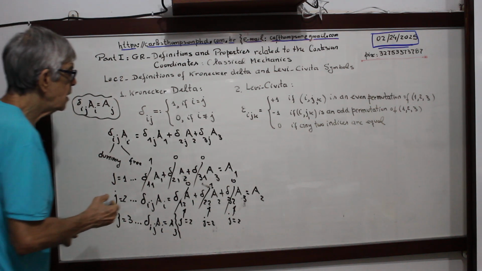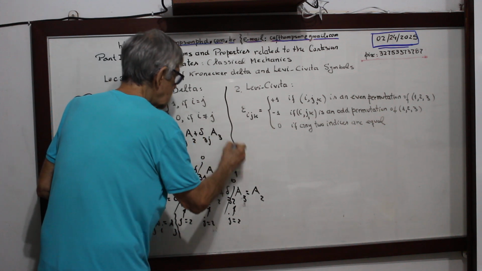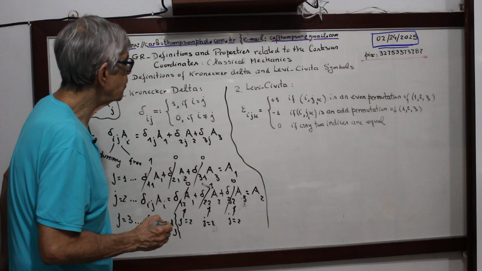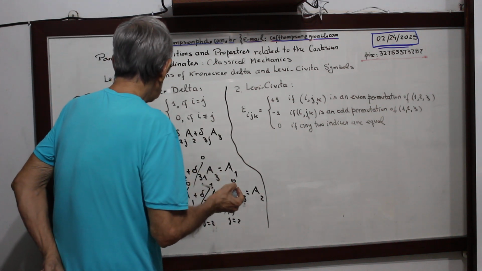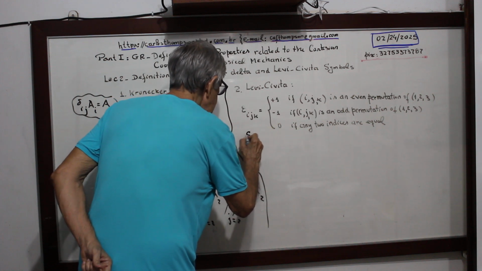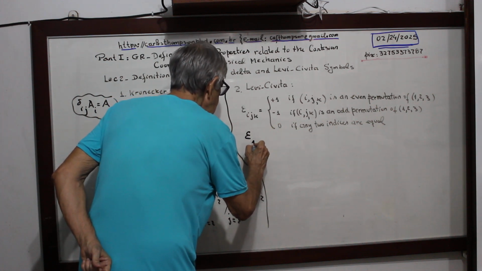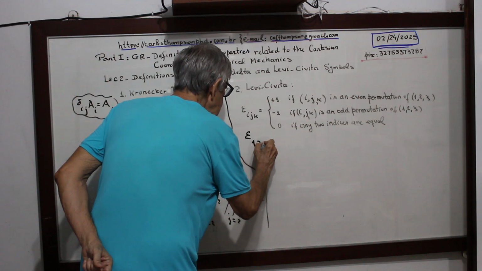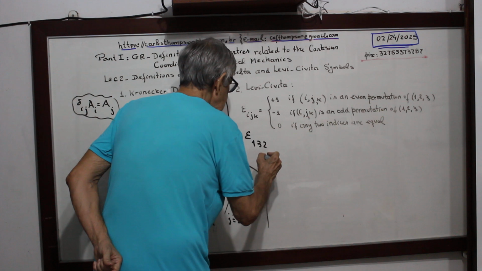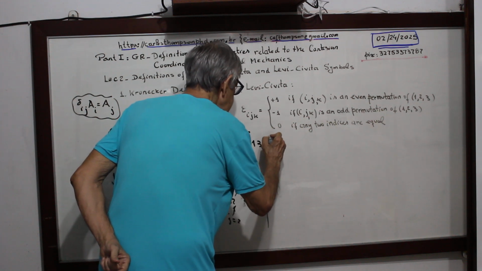Now, let's go to Levi-Civita. You see? I'll give an example. For instance, epsilon 1,3,2. Okay? Let's write here.